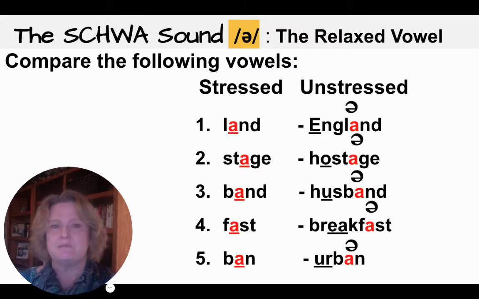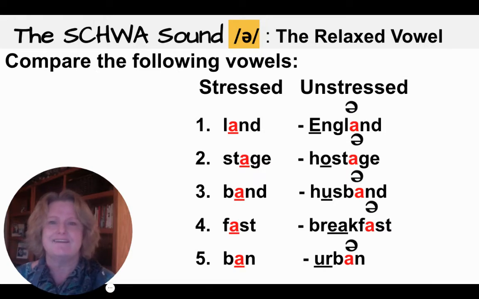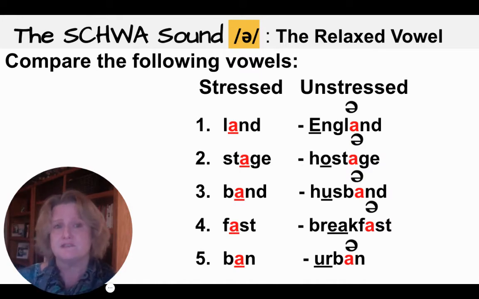It's usually marked by an upside down E, and I made it kind of mustard colored because it's like a very short mustard. In fact, the A in mustard is a schwa. Mustard. All right. So if you compare these vowels, and they are colored red here. Now, if they're underlined, they're stressed.